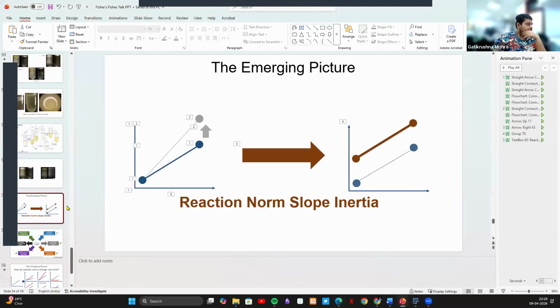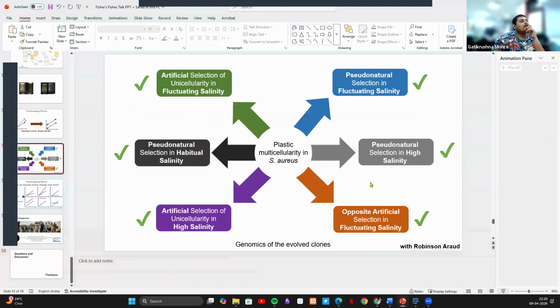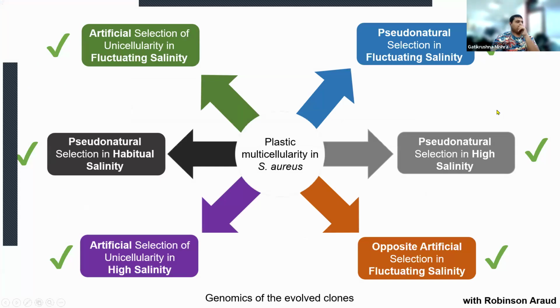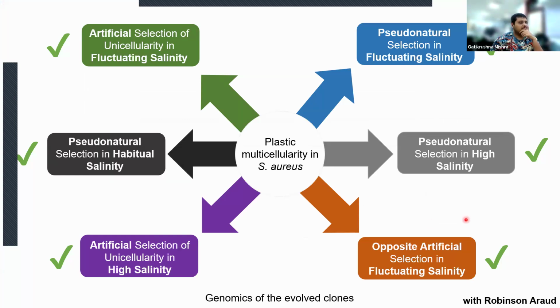So by doing this, we can have a better idea of how the evolution has happened rather than using CFU counts. By today, we have completed all the regimes that we started conceptualizing our project with, all the 6 different regimes.